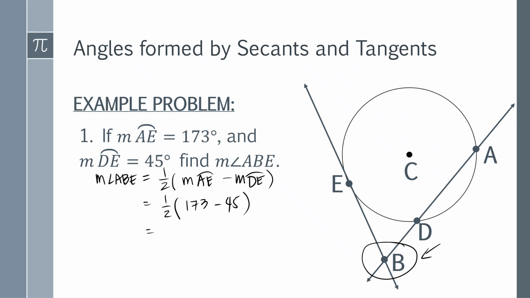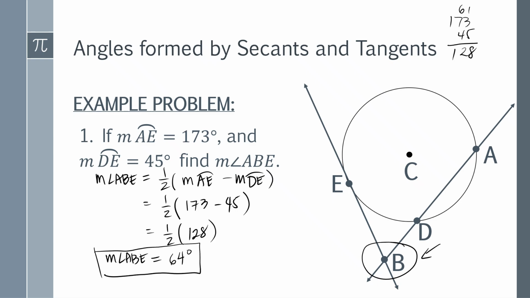Therefore, one half, if you subtract 173 by 45, this is 128 degrees. And half of 128 degrees is 64 degrees. So the measure of angle ABE is equal to 64 degrees.